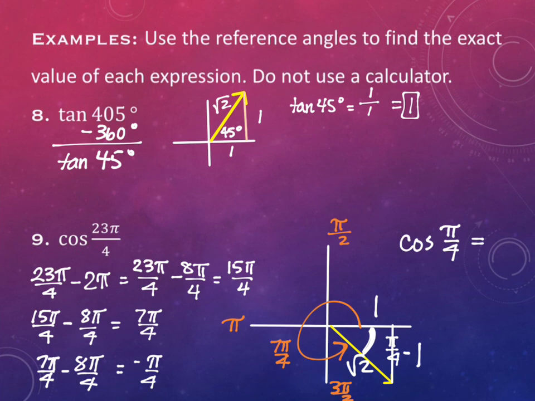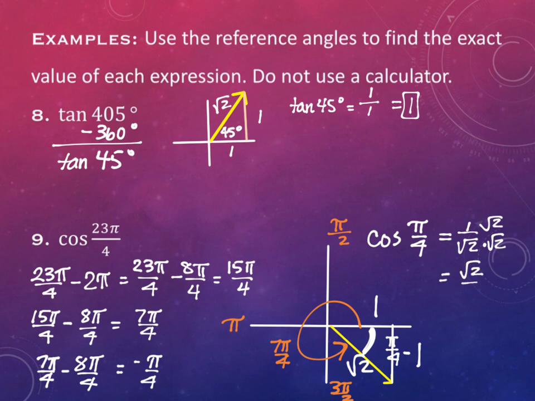So I need to know the cosine. Cosine is adjacent over hypotenuse. Adjacent is this 1 at the top because the angle always forms in the middle, the central angle. It's this 1 at the top over the hypotenuse, which is square root of 2. So this is 1 over square root of 2. Yep. And if we rationalize that, we will get that this is the square root of 2 over 2.